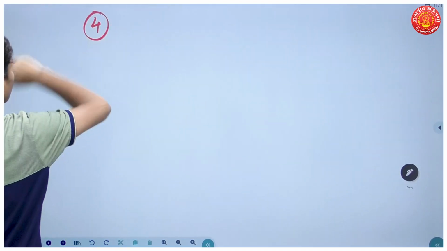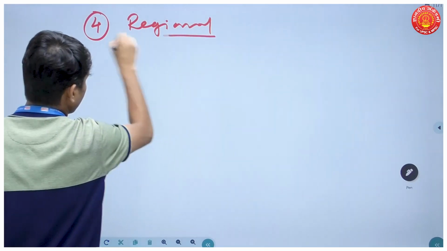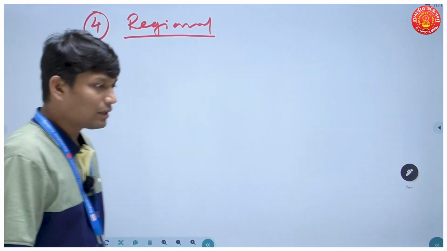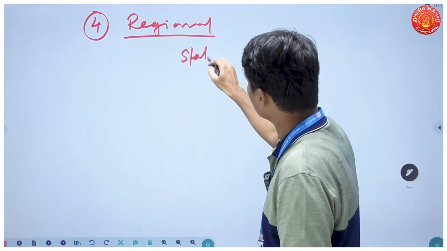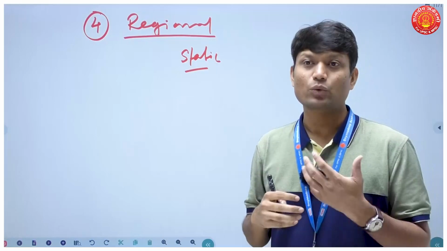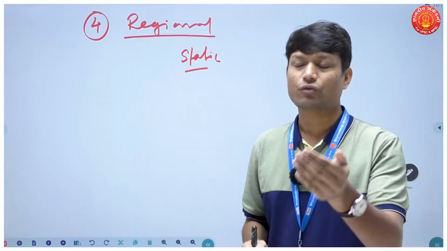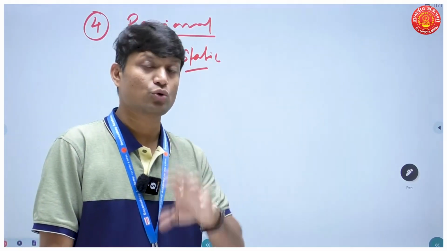Further, we will go for regional geography, okay? And in regional planning, this is mostly static. You do not need any value addition for the static part, and there is absolutely nothing you are supposed to add from contemporary issues. Just do some answer writing, change your approach of answer writing.